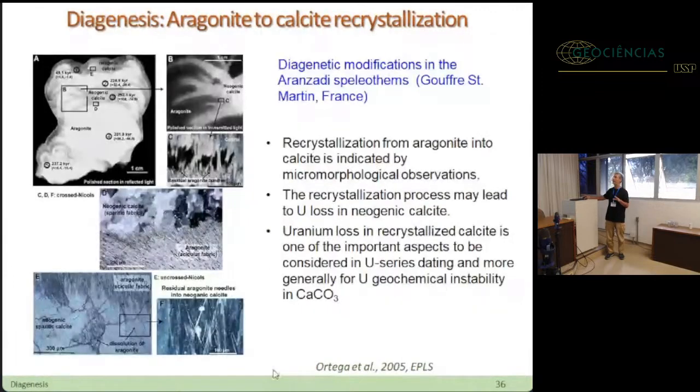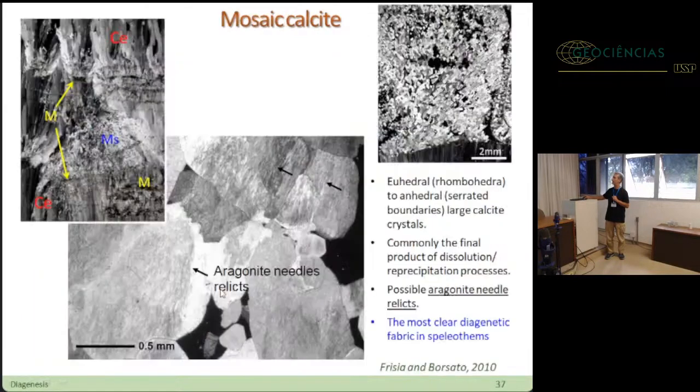So it's really a diagenetic fabric. But as I said, in most cases, we can still see a remnant of aragonite needle or calcitized aragonite needle within the equant mosaic. And this is how it looks. So these are the relics, and these are the euhedral rhombohedra, which are the final product of the diagenesis.